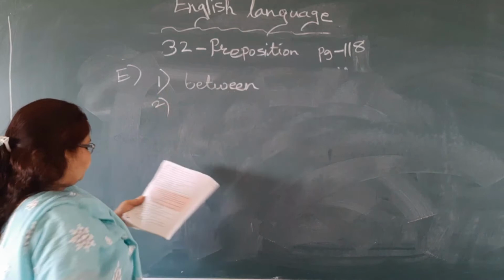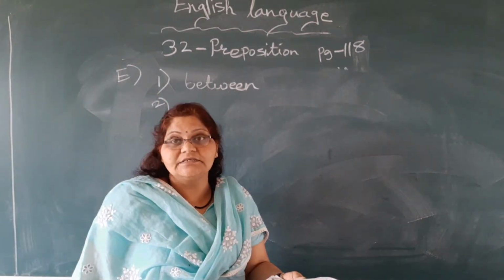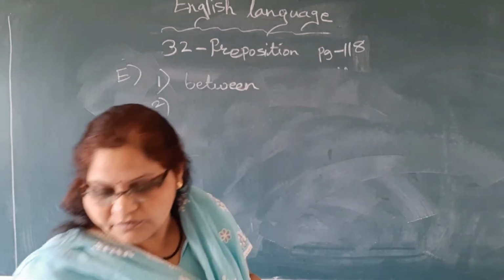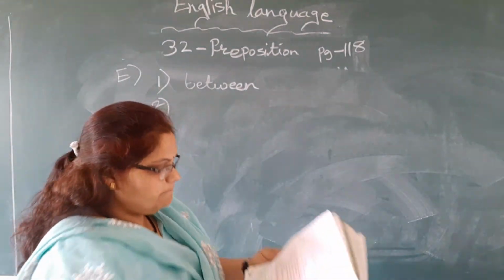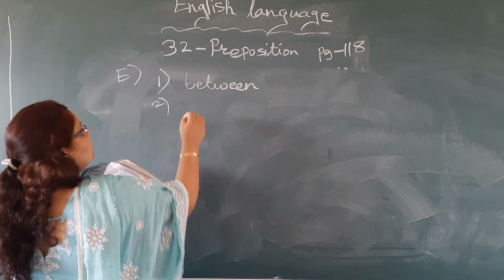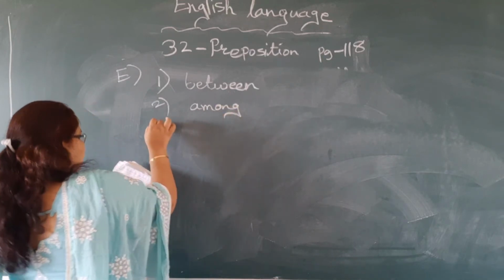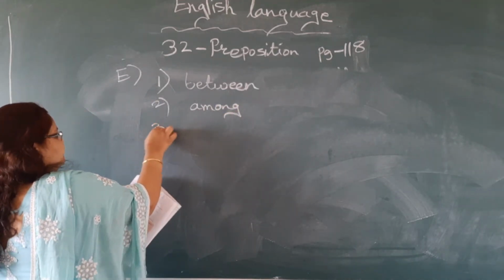Next, number 2. The old man said dash the children. Yes, there are many children with the grandfather, many children with an old man. Okay. So, what is the preposition? Among. Right? The third one.